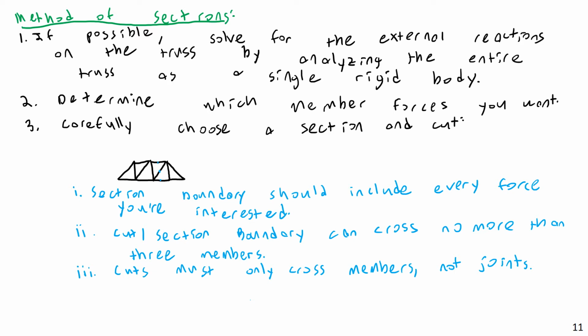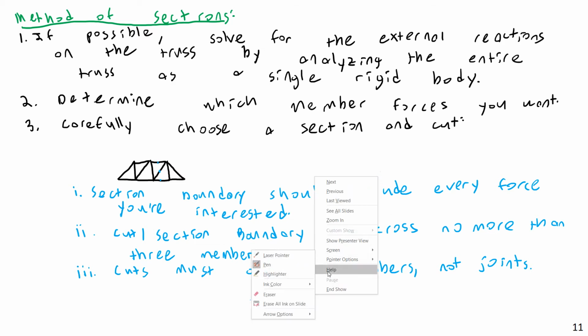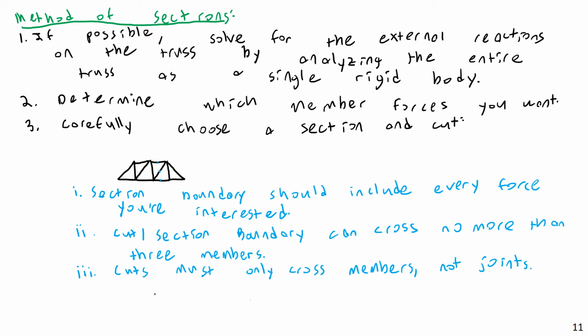But if you're using a finite element model program anyway, you're not going to be using the method of sections. These are hand techniques, not computer techniques. So anyway, cuts must only cross members, not joints. Okay, and I think those are good rules for our cuts, and that should cover pretty much everything.